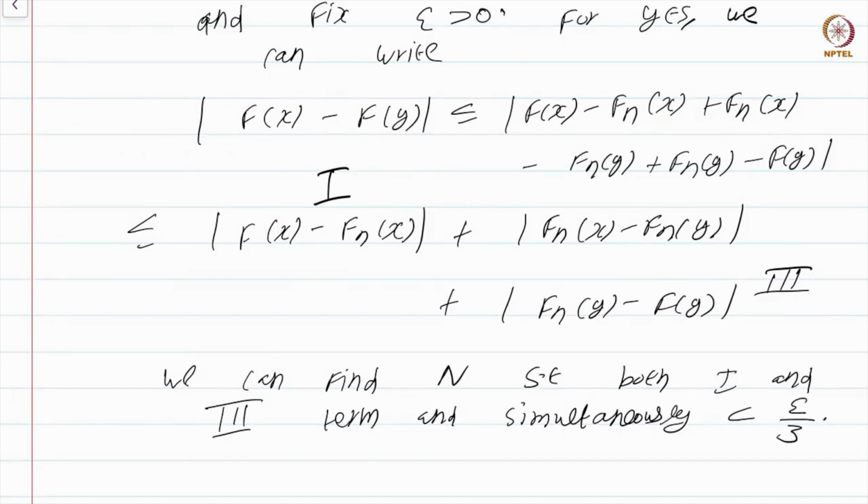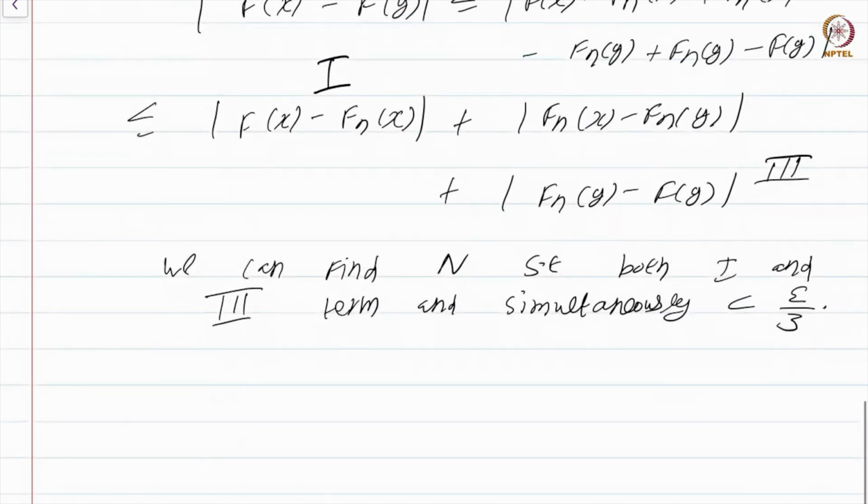It doesn't matter what points x and y you choose in the set S, you can always find a capital N such that mod f x minus f n x is less than epsilon by 3, mod f n y minus f y is less than epsilon by 3. So these first and third terms can be made less than epsilon by 3 simultaneously. It doesn't matter where x and y are.